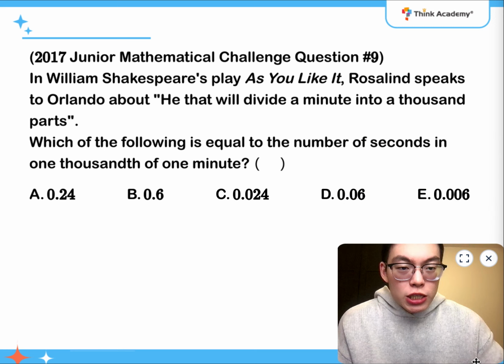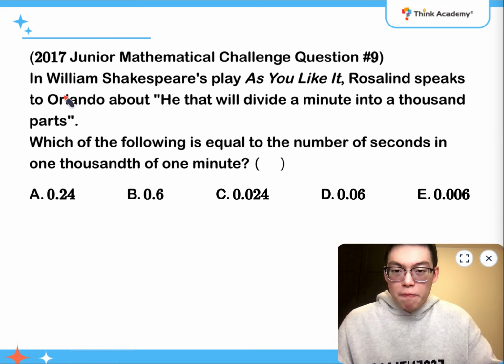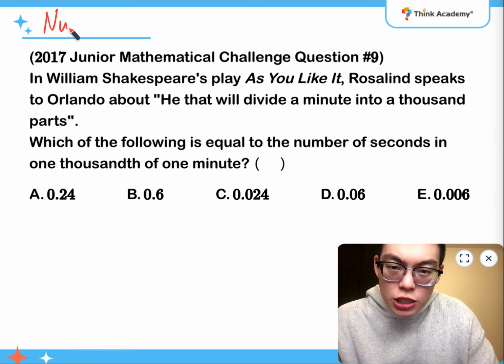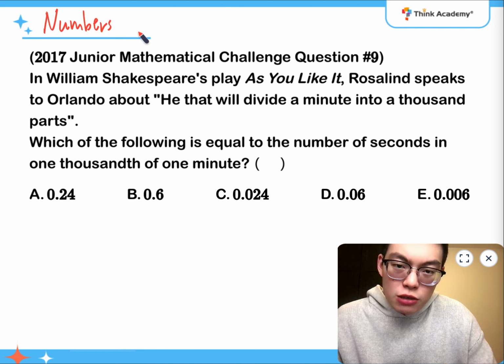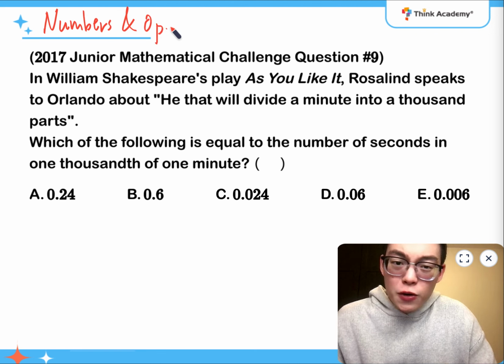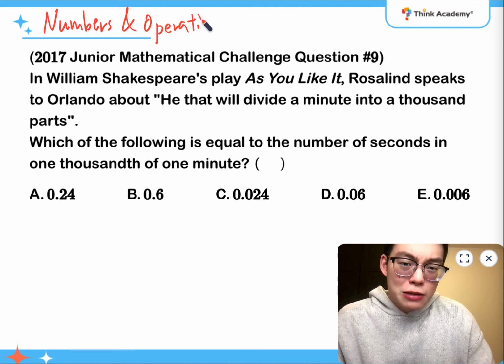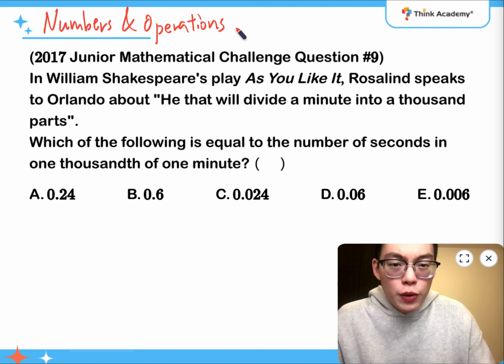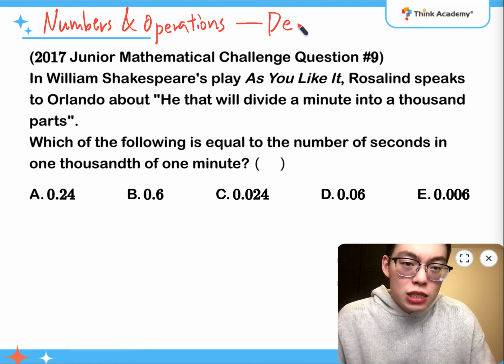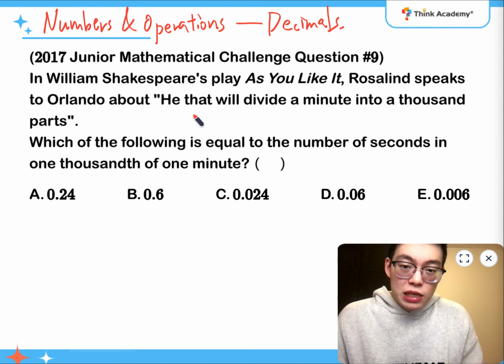And as for question 9, this one is even simpler. I would say this is just a numbers and operations question. Well, of course, if you want to say that is a word problem, that's fine. But essentially what it's doing is just some decimal calculation. So it says that he will divide a minute into 1,000 parts.